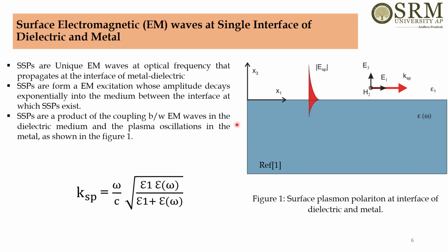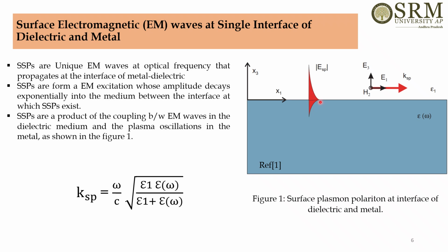Here in this slide we can see a metal with permittivity epsilon of omega, and this one is a dielectric material. Whenever we are incident the light at the interface, there is a strong amplitude decay.